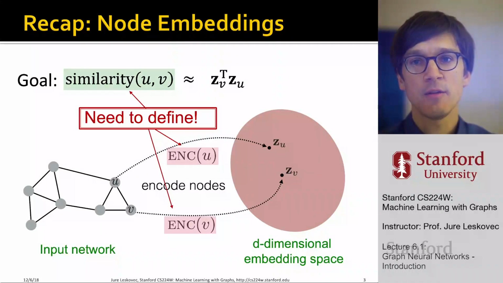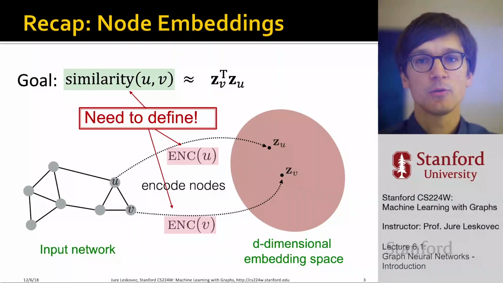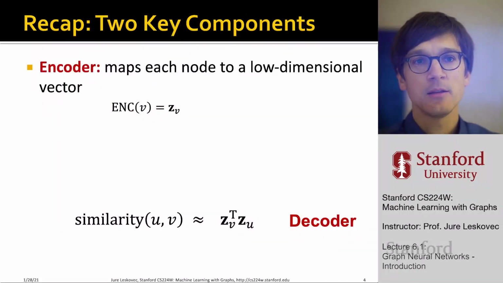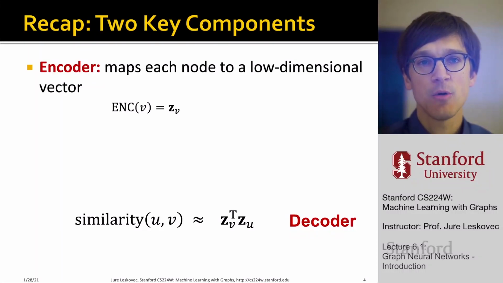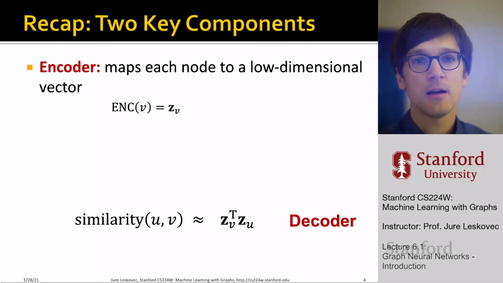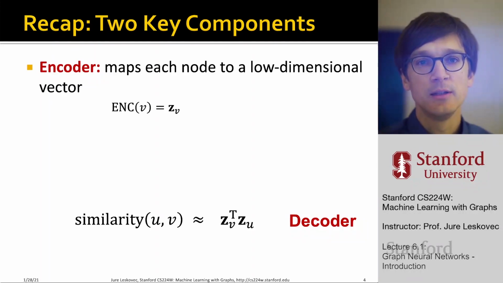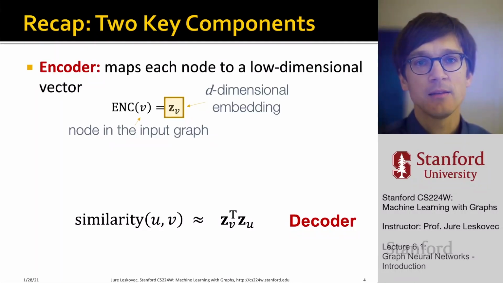Of course, when we talked about this, we were defining what it means to be similar and what it means to encode. As I mentioned, there are two key components in this node embedding framework. Our goal was to map each node to a low-dimensional vector, and we want to encode the embedding of a node in this vector z_v, a d-dimensional embedding, so a vector of d numbers.